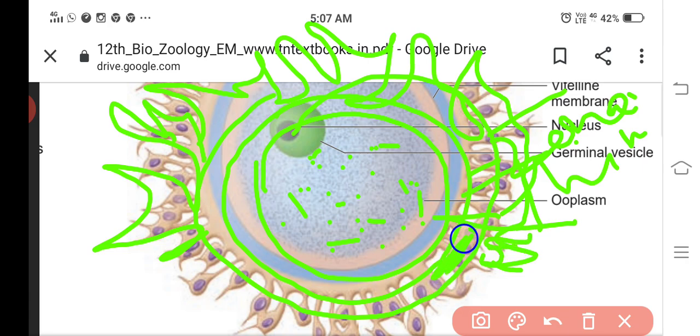There is a rounded germinal vesicle, and the center part is called the nucleus.